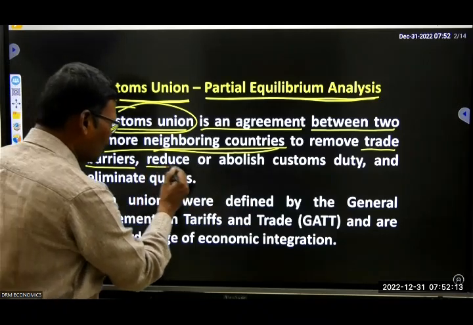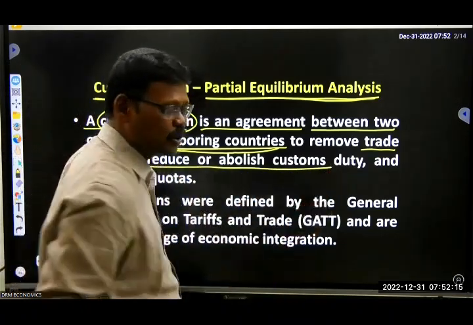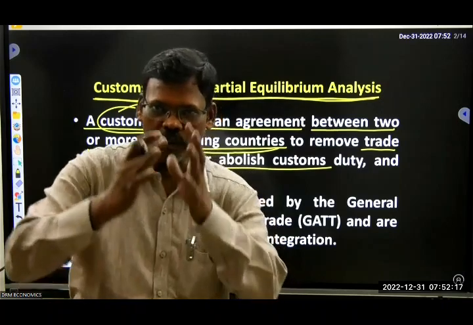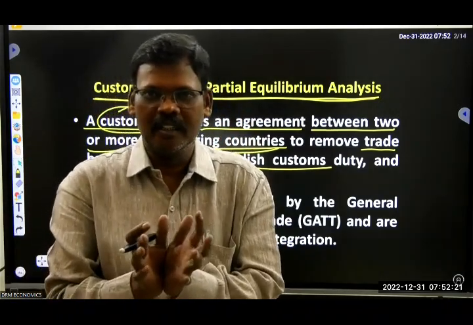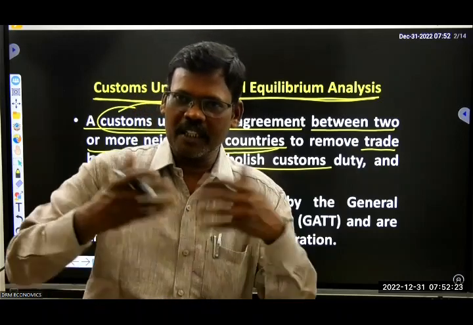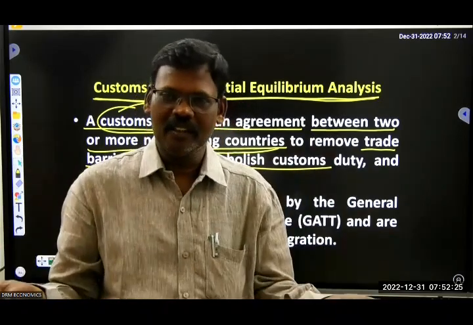So it is to reduce or abolish customs duty. For the countries having these agreements, customs is nothing but export and import, foreign trade.